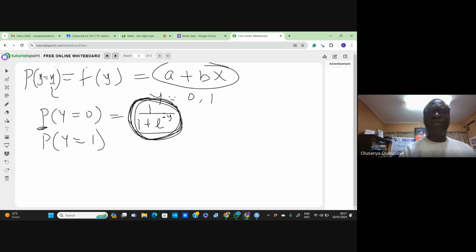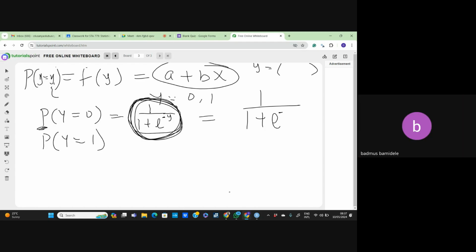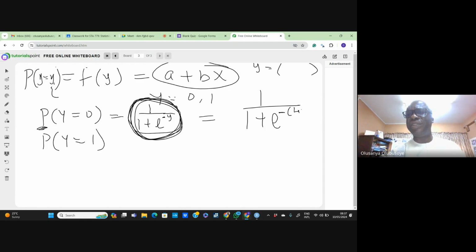So this should be 1. So this is now replaced here with 1 all over 1 plus e raised to power minus the linear component, because you always write your y to be equal to whatever. This is the linear component.